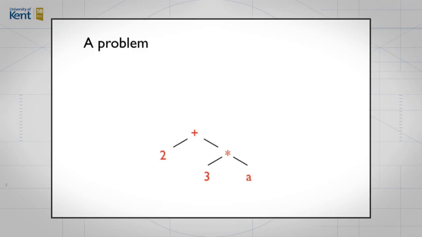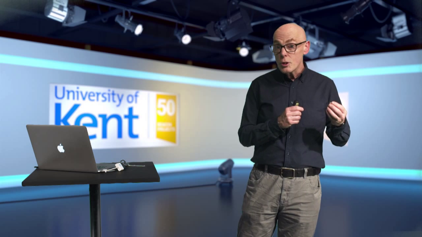Well, the answer is I have to add to my evaluator some data structure, something that gives me the value for any variables that are inside my expression. And I do that by adding an environment, I call it, which combines variables, which are atoms, with integers, which are their values.